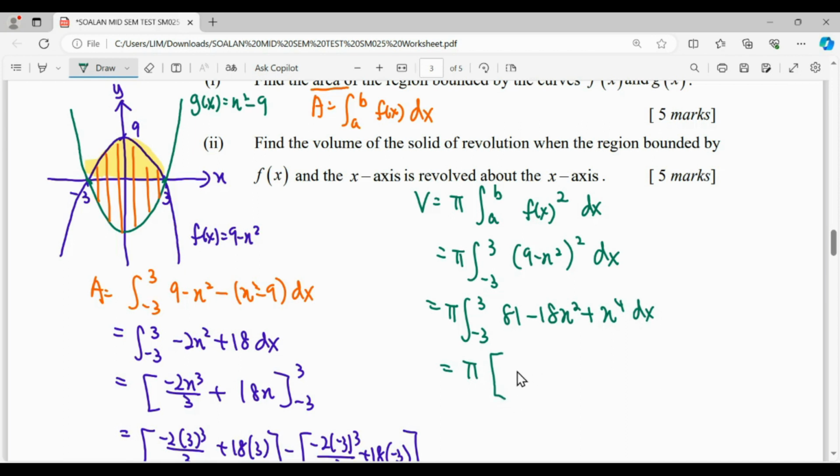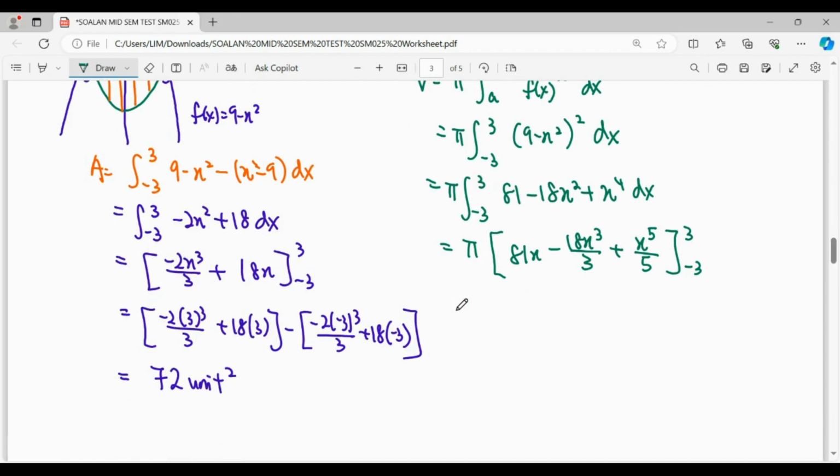Integrating the constant, we get 81x. Integrate the x squared term: power plus 1 over new power. The same with the x to the power 4 term: power plus 1 over new power. Upper limit 3, lower limit negative 3. After we integrate, we show the upper limit, which is 81 times 3, and so on: upper limit minus lower limit.